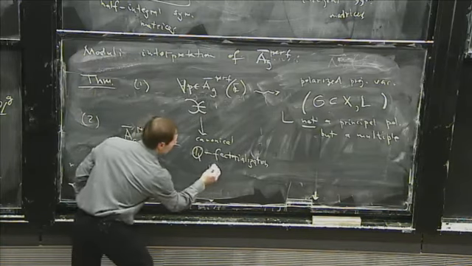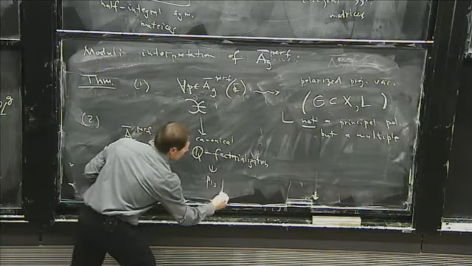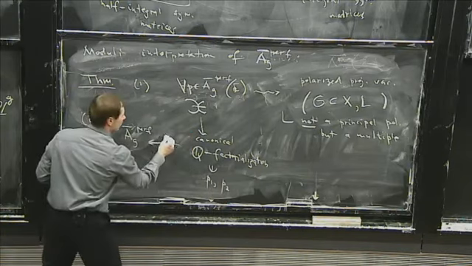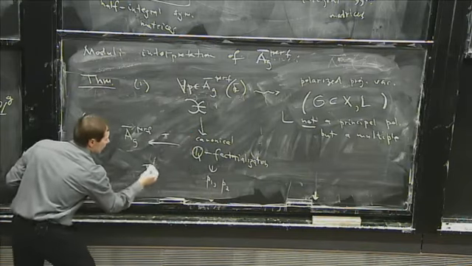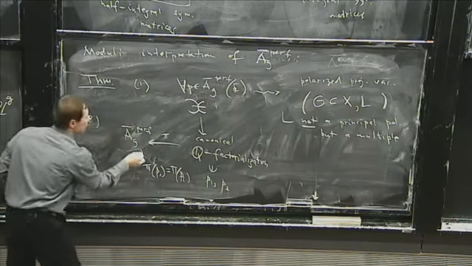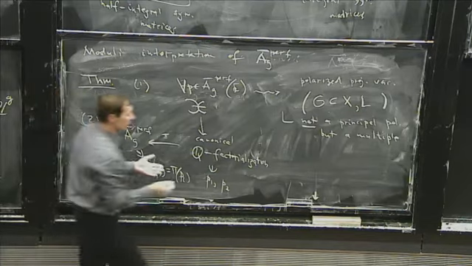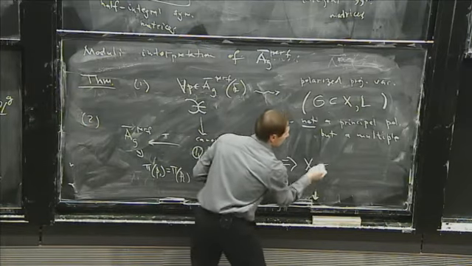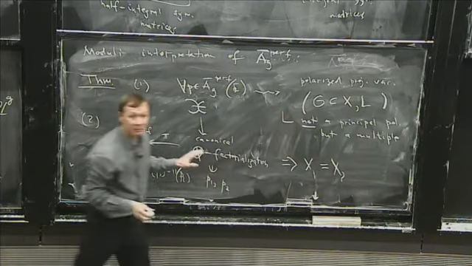And if you take 2 points here that map to the same point in the perfect compactification, then the varieties are the same.